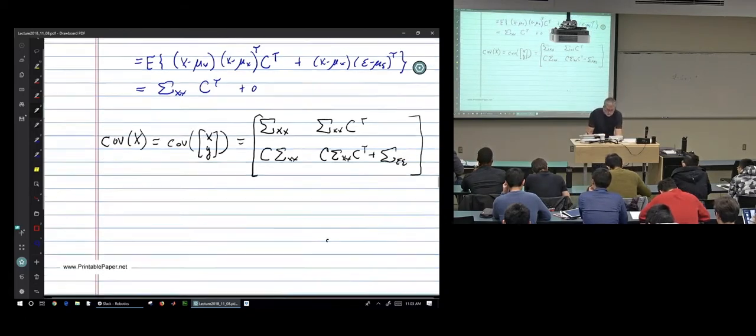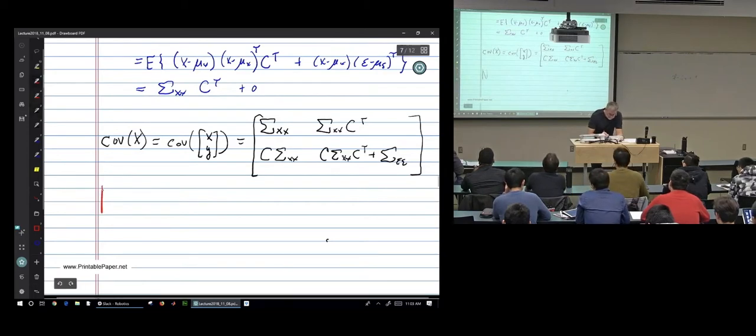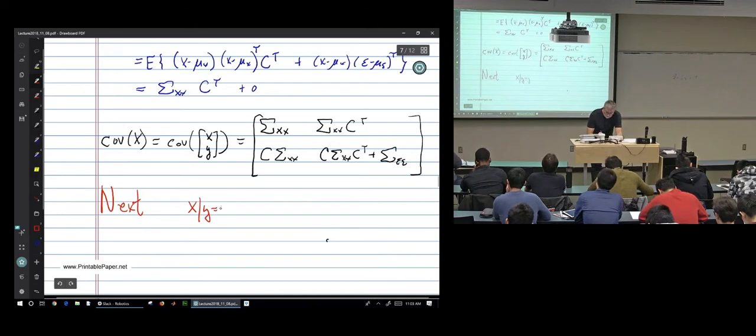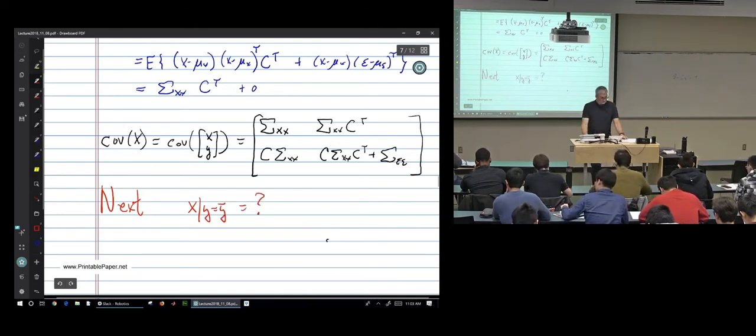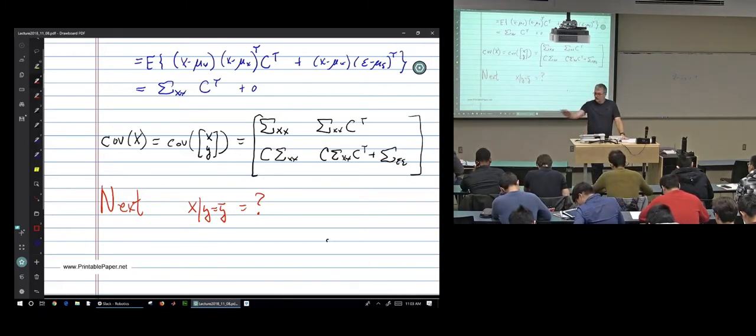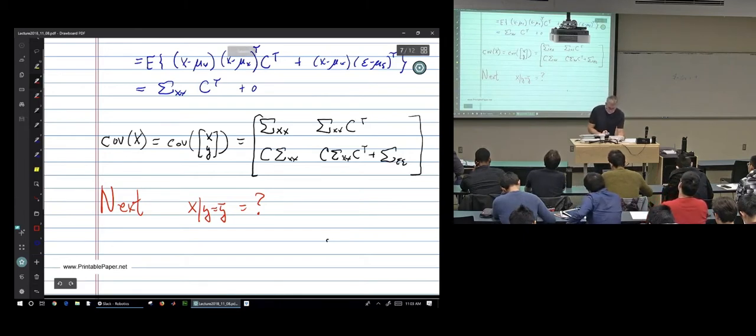Okay. Now, what I want to compute next is x given y equals some value. Okay, so let's review that. I know you all worked the homework problem, so you've studied that part of the Gaussian random variable handout.